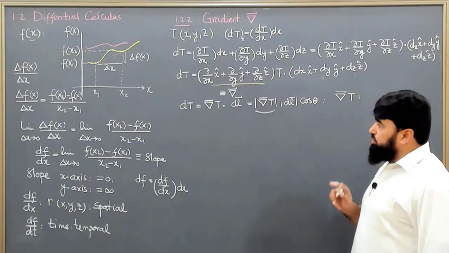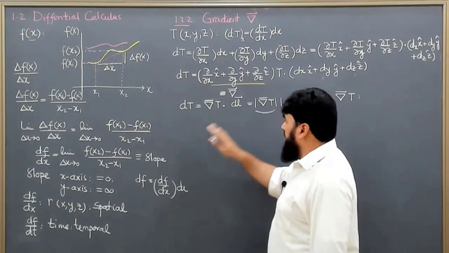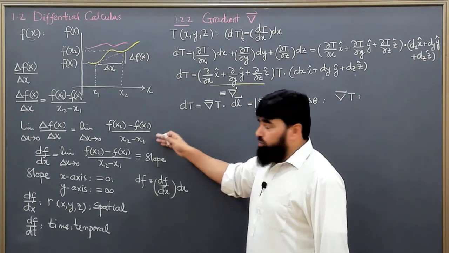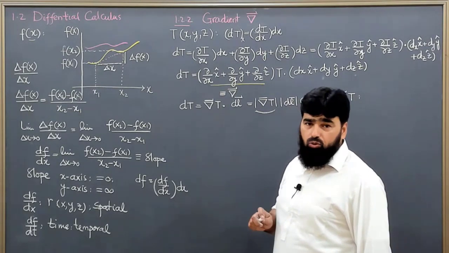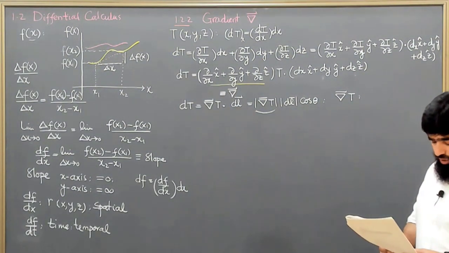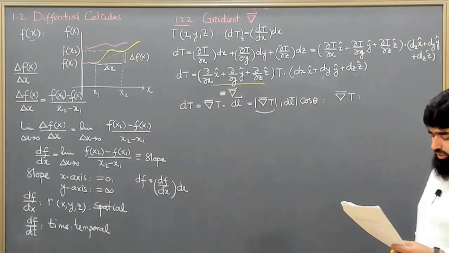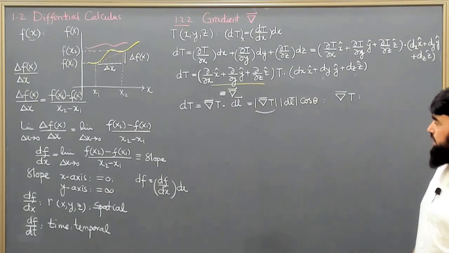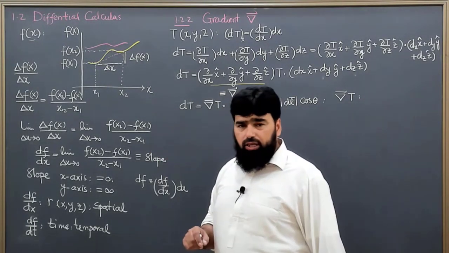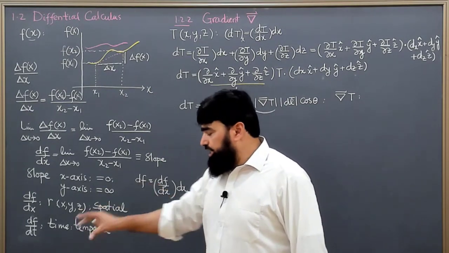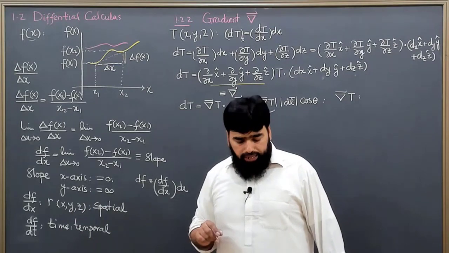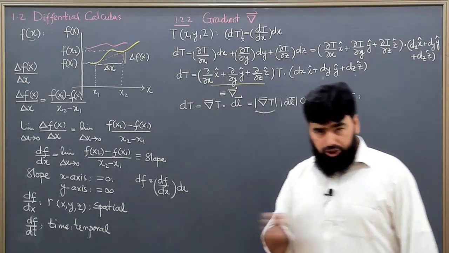So the difference between the ordinary derivative and the gradient is that one is a scalar while the other is a vector quantity. It's a vector derivative, and I can give you an example. For example, I have a heater in the corner of this room, and that heater is producing heat.